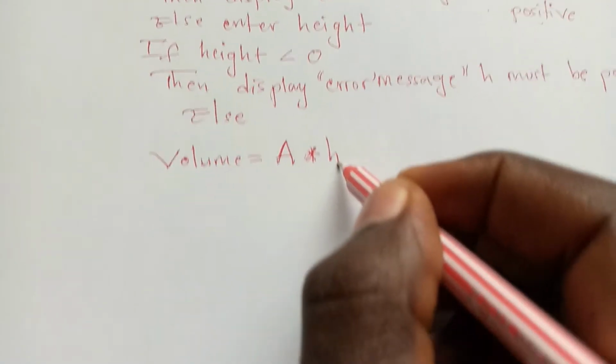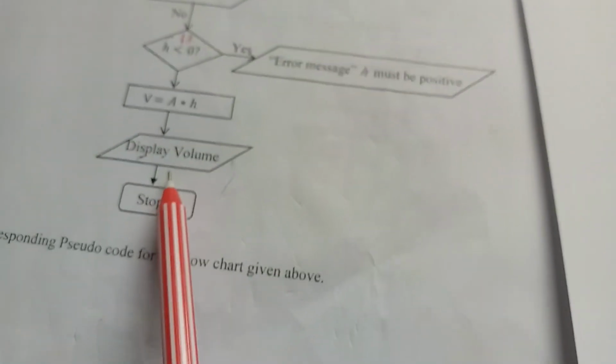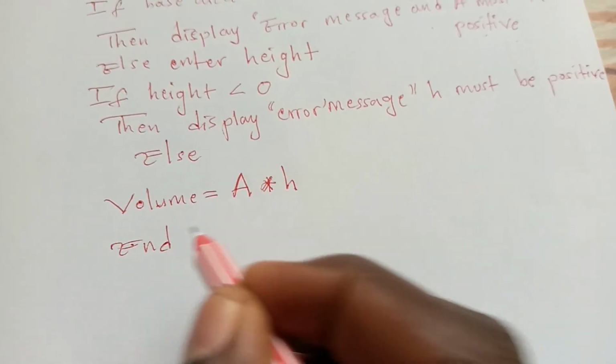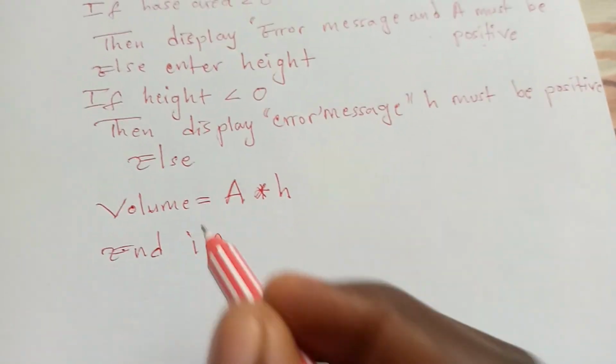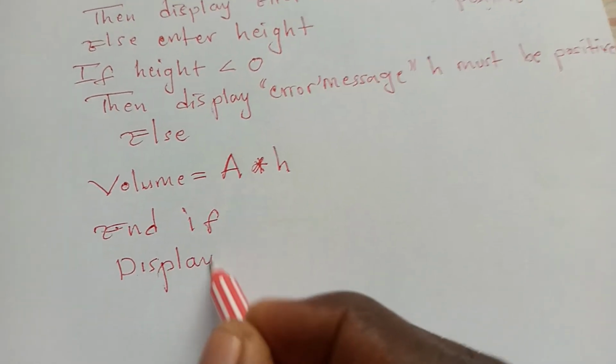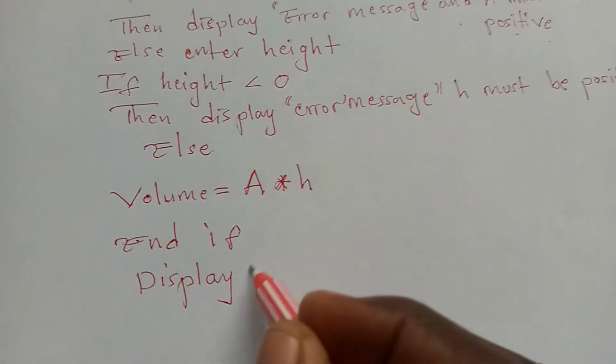Then it means you've entered the formula there. Then they are saying display volume. So for you to introduce this statement, you need to say display volume.